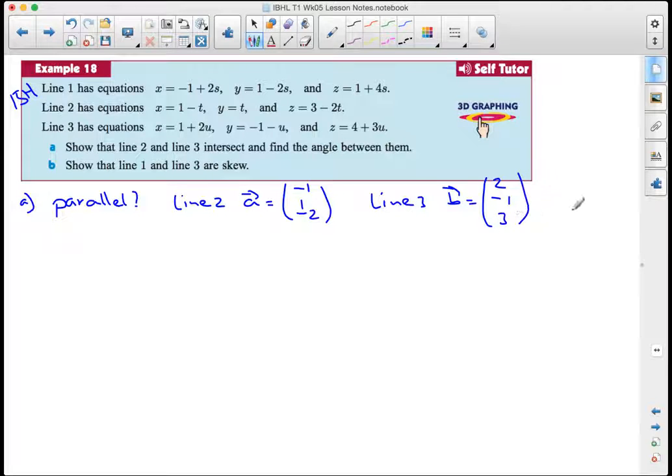We can see that there is no k to be found so that k times B would make A. Hence these lines are not parallel, and they're not coincident. So that must mean they're skew or they intersect.